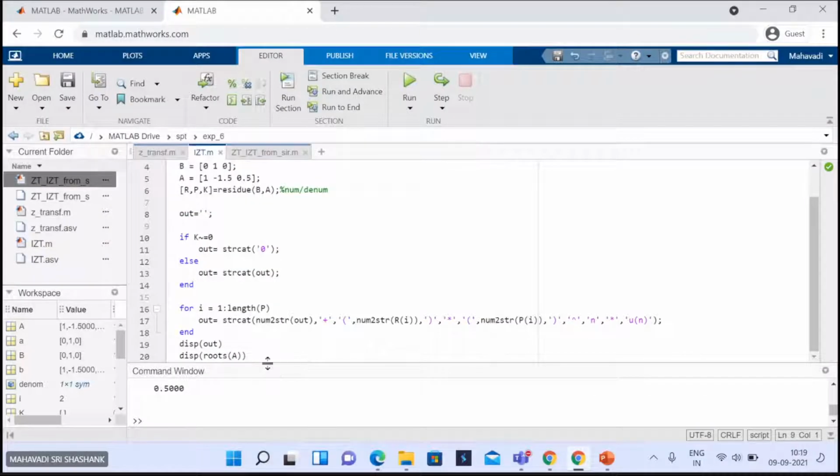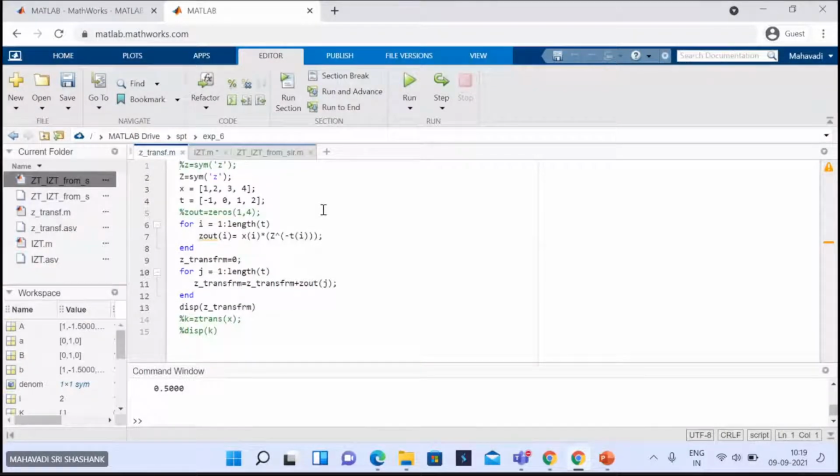Clarify what should be the actual inputs, numerator and denominator array.